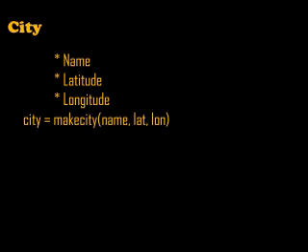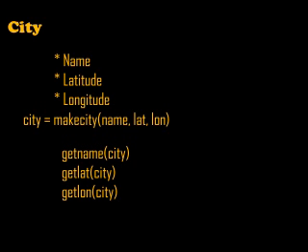Then selector. The selectors are used to get the information from the abstract data type. Here we can get the name, latitude and longitude of each city. So we can write functions like this: get name of city, get long of city, get lat of city.